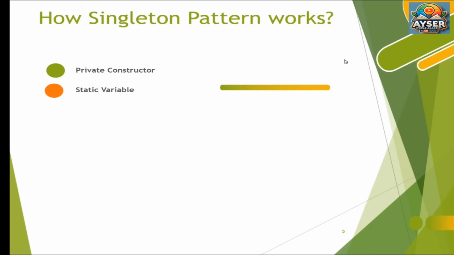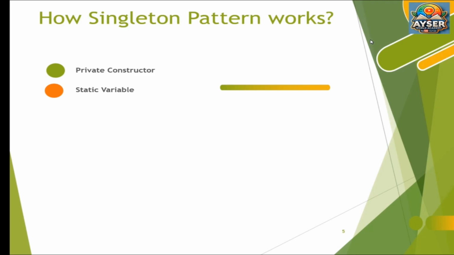But this will not help in this case because we want the class level, so it can be accessed through the class. So we have to use a static variable. Now the second point is satisfied.